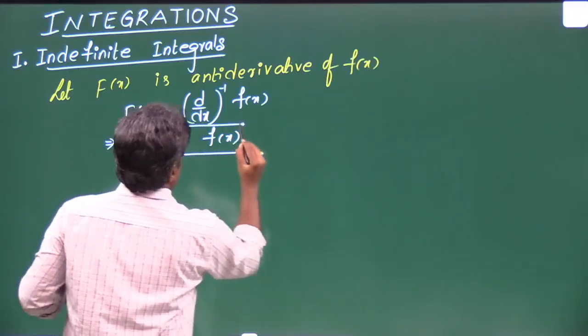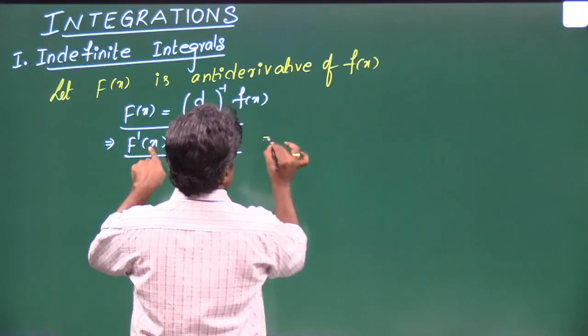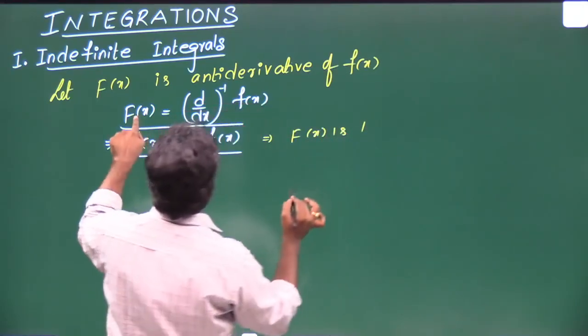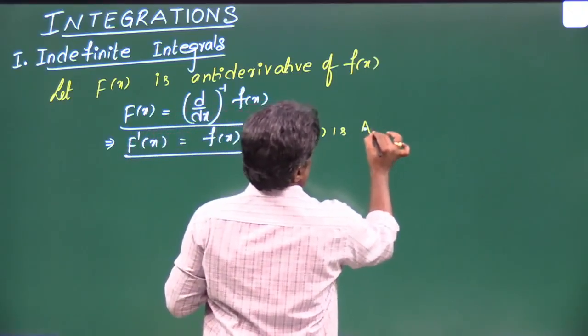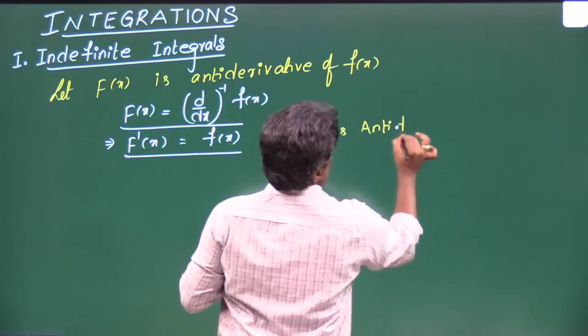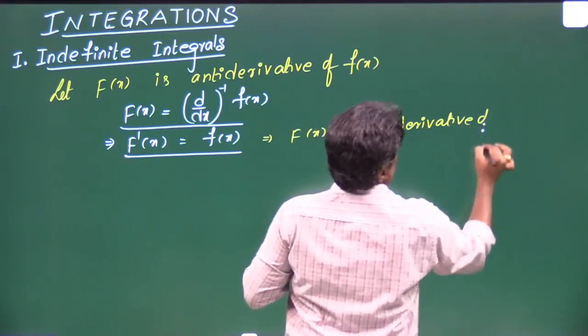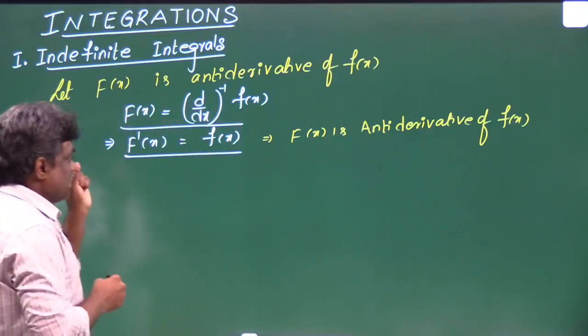So what does it mean? This means capital F of x is the antiderivative of small f of x. Let us take a few examples.